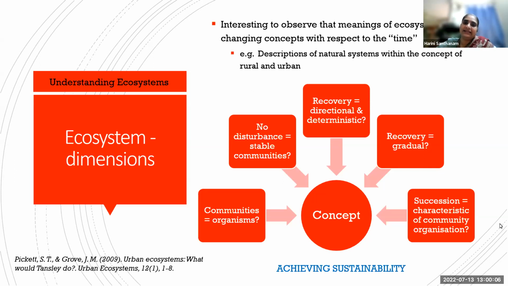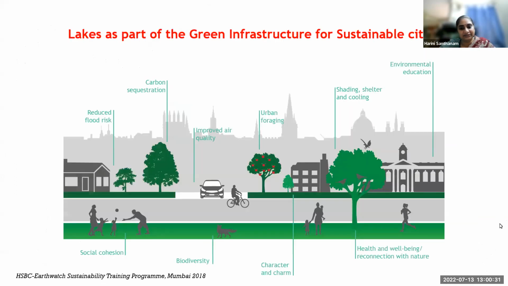We have to apply the same set of rules that we apply to the natural or the rural ecosystems to the urban ecosystem that we see. The only difference is the material flows and the energy flows which are used by human beings for different activities that should not lead to the degradation of other components of the ecosystem. So that becomes our key note for achieving sustainable development.